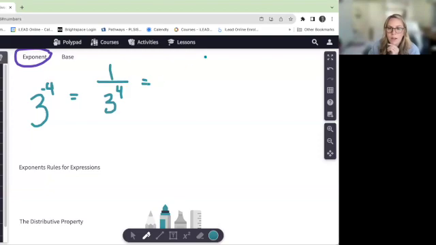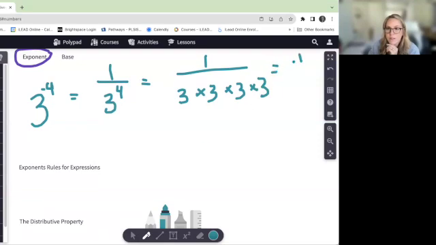So when I work that out, I will have 1 in the numerator and 3 times 3 times 3 times 3 in my denominator. So if we work that out, my 1 stays in the numerator. 3 times 3 is 9. 3 times 3 is 9. Bring down my little multiplication. 9 times 9 is 81.